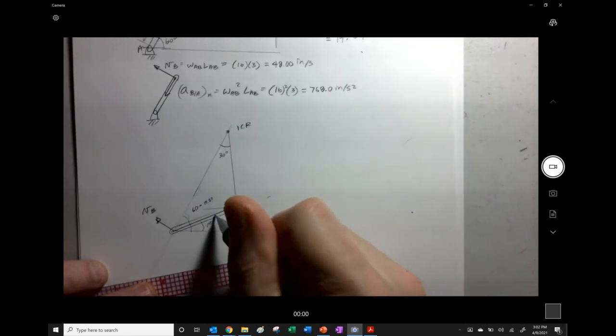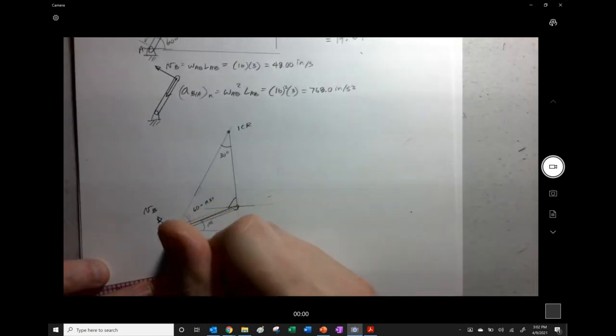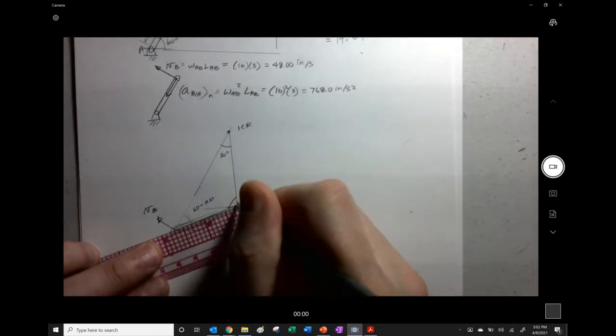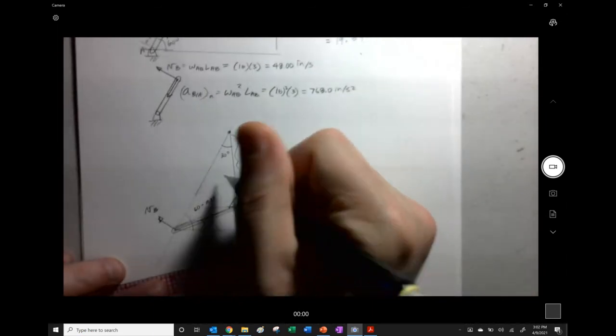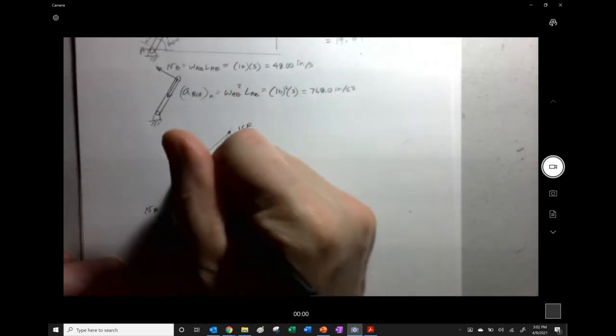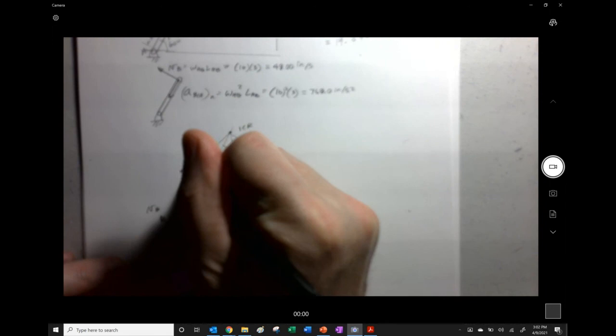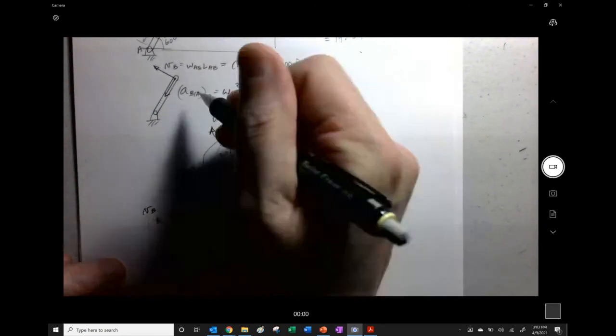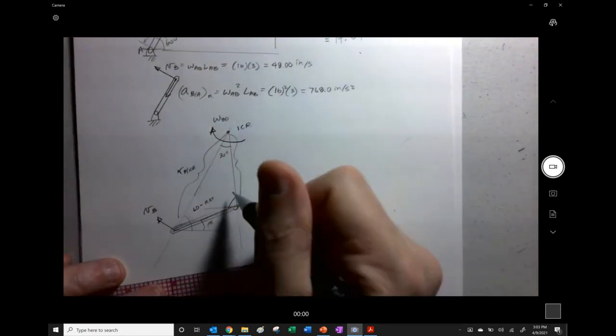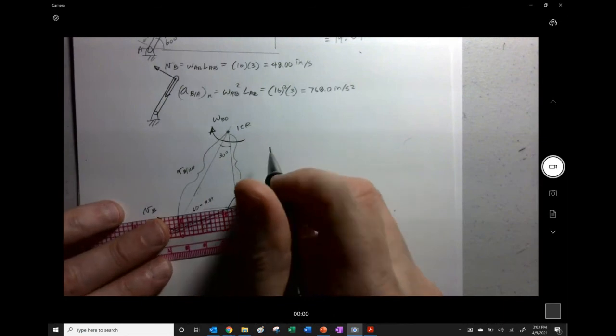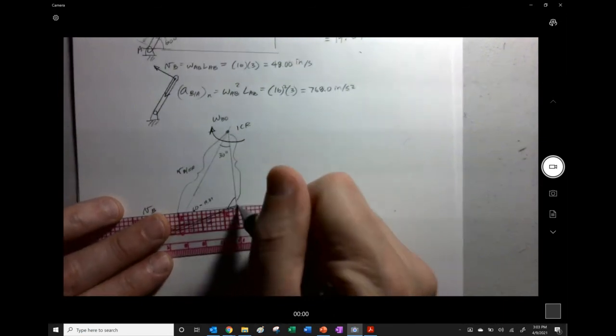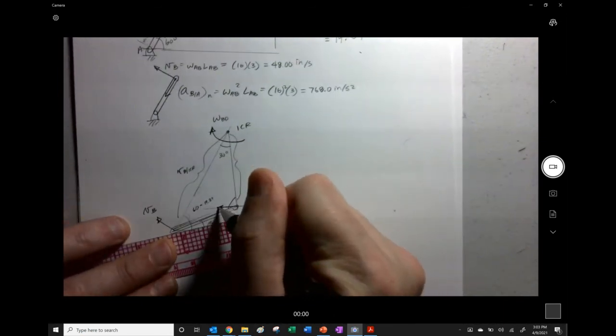And so this is whatever, 180 minus these other ones are going to be. And that right there, and that right there, this is going to be our RB with respect to ICR. This is the one we really need. And we note that the angular velocity of BD is going that direction in order to produce that. So that we actually have the velocity of this would also be in that direction.